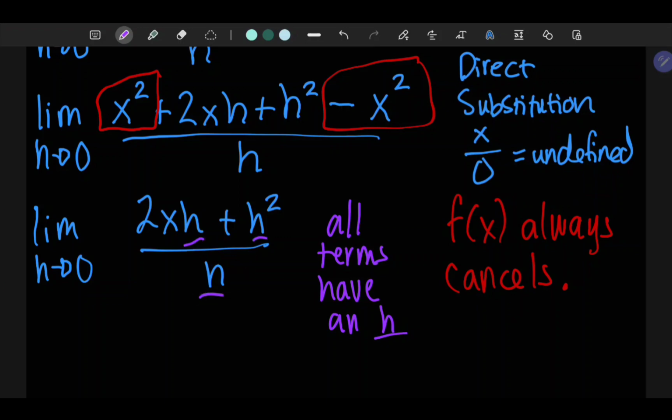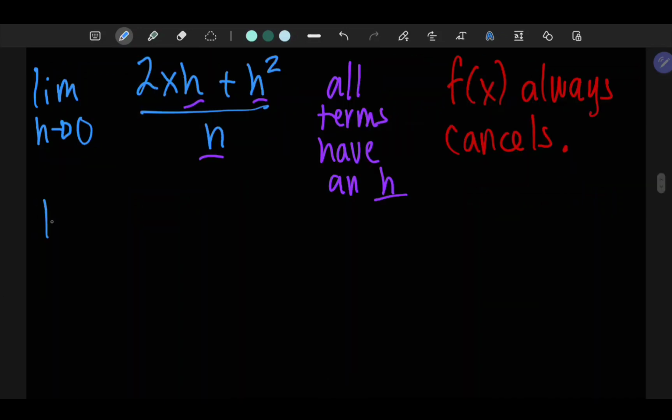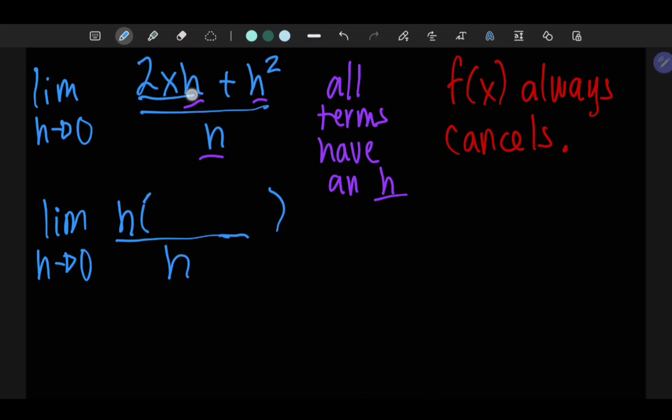We need to get rid of the denominator h. So now we take the limit as h approaches 0 and factor out that h from all the terms inside. So if we put the parentheses and we factor it out, if you take one h out of this first term here, you're going to be left with 2x. If you take an h out of the second term, instead of being h squared, it will also become h.